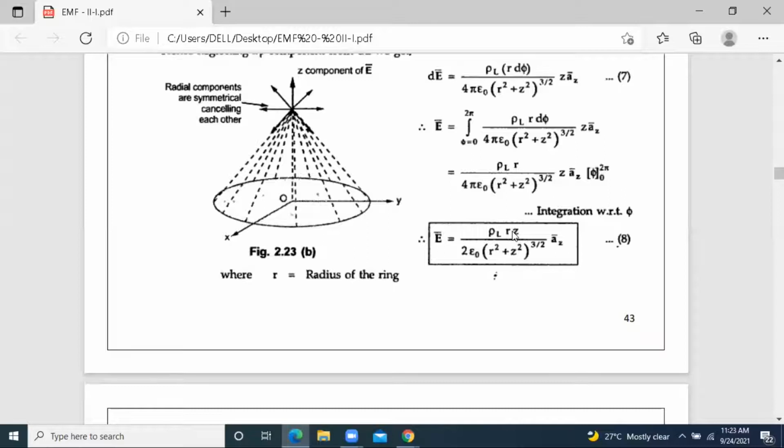So if you go up or down on that z-axis, all you would have to change is the value of z, because r remains the same to find the electric field.